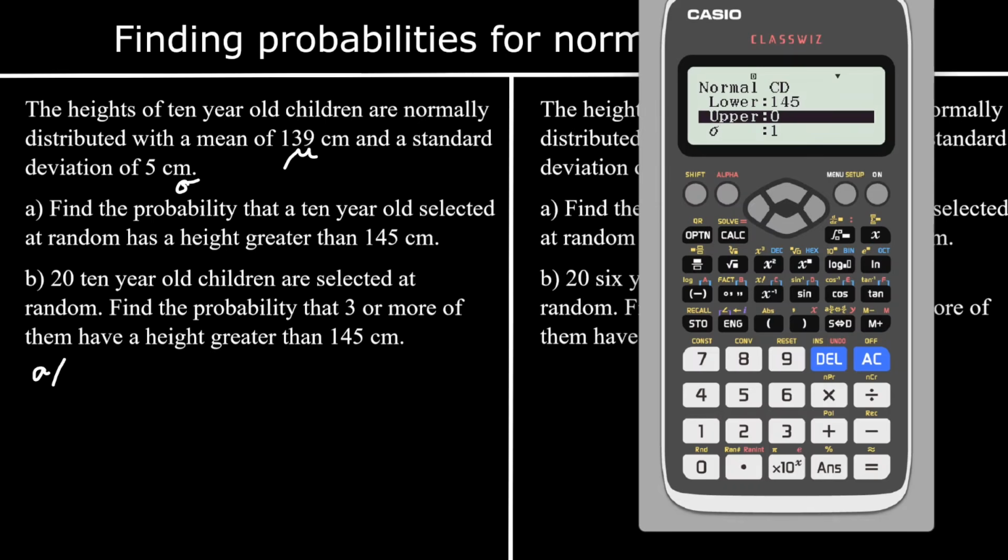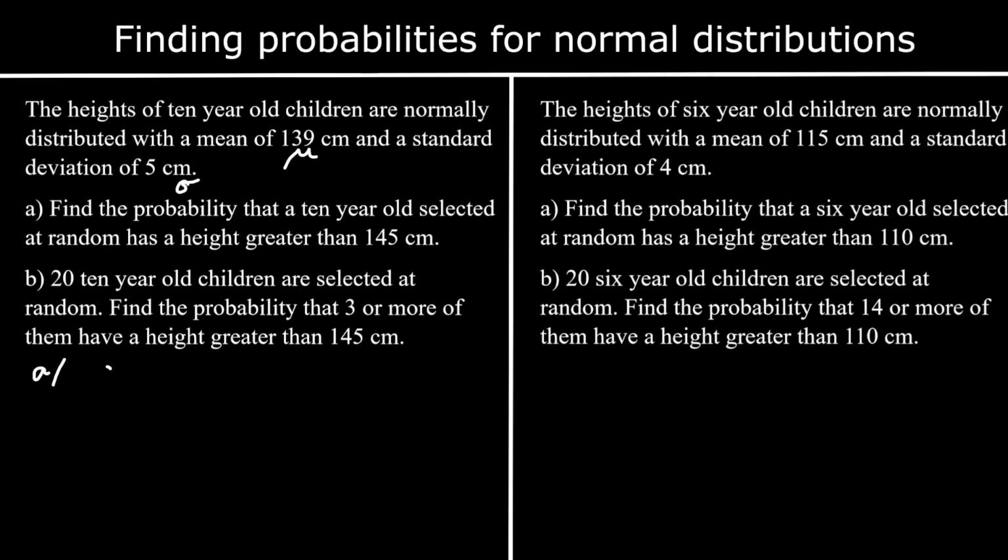For the upper, I'm going to type in a really big number, a lot of standard deviations above the mean. The standard deviation is 5 and the mean is 139. I get 0.115. So that's the probability that a 10-year-old selected at random will have a height greater than 145 centimeters.